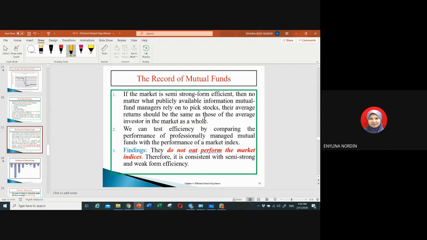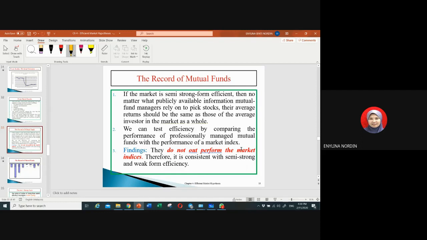So that means the study shows that mutual fund managers cannot beat the market by relying on information available in the market, because the information is already included in the stock price. So we can test efficiency by comparing the performance of professionally managed mutual funds with the performance of the market index. This is what I mentioned just now.